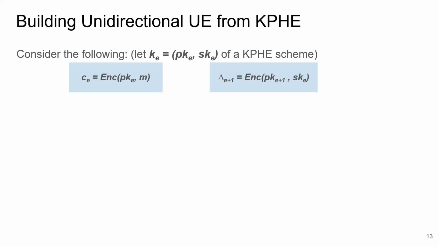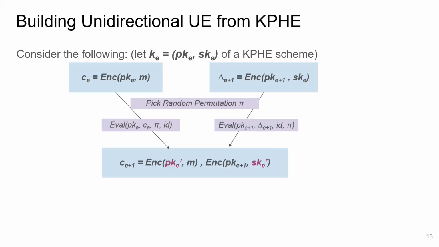Now, when we do our update operation, we pick some random permutation pi, and then we do a transformation on each the ciphertext and the update token. First of all, on the ciphertext, we do a transformation on the key space. So now this PK becomes PK prime, and we get a new ciphertext under this new random key that we've just transformed to.